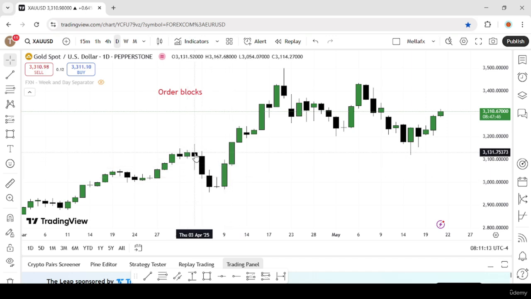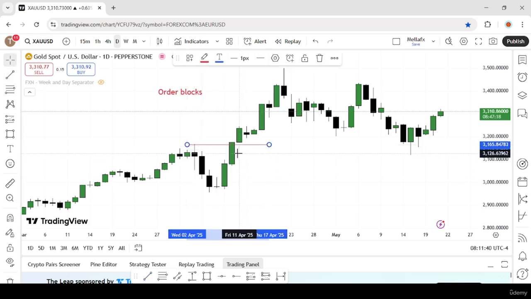And also, when we have an example of these three down close candles, when the market confirmed a movement and a closure above it with a dynamic move, it shows confirmation of an order block. And we can also use three consecutive candles as levels of order block.